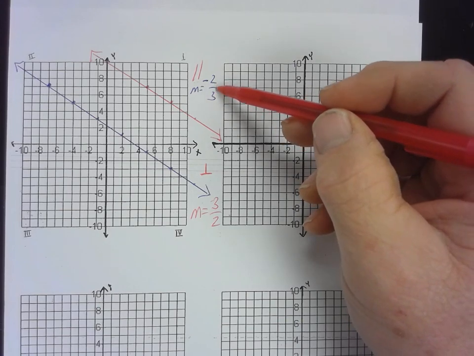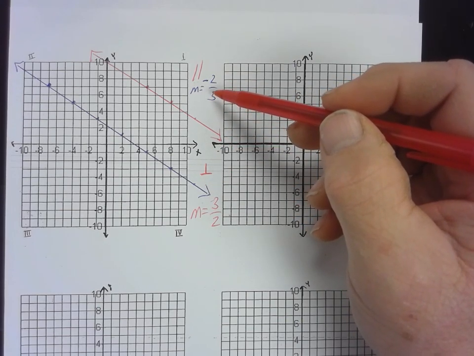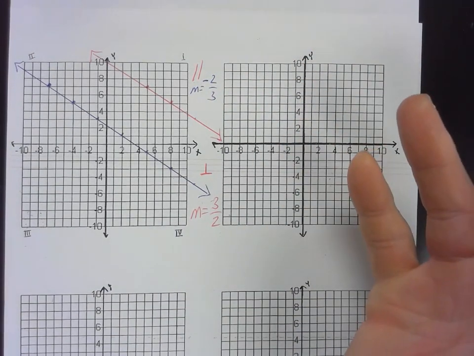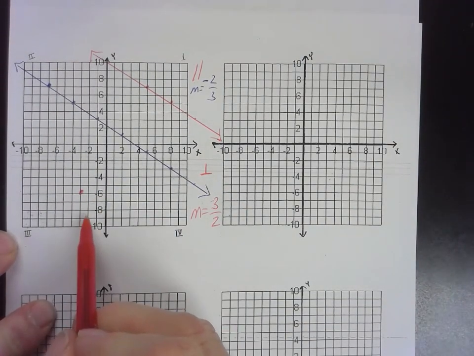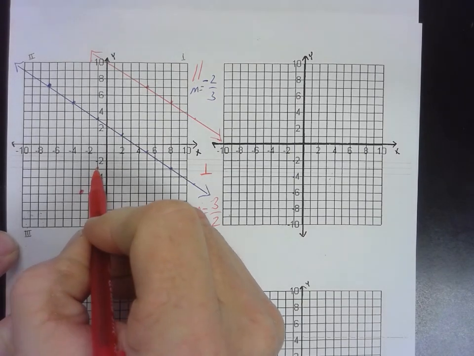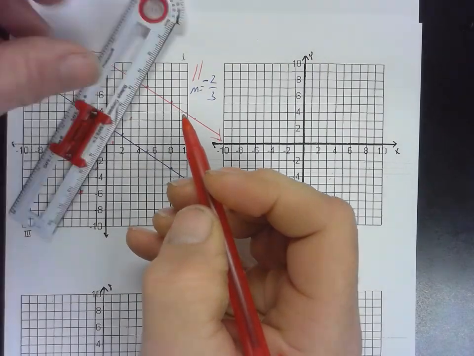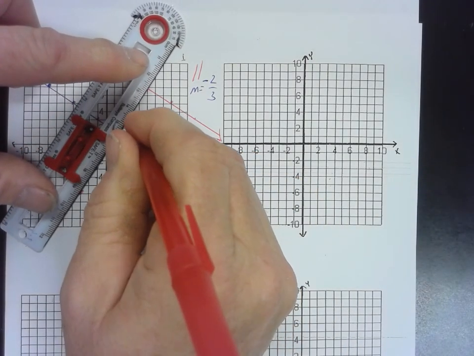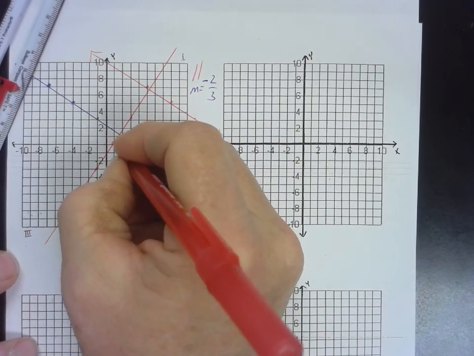So if they're going to be perpendicular, they're not just reciprocals, they're opposite reciprocals. Got it? So if we start at some point here, and go up 3 over 2, up 3 over 2, up 3 over 2, up 3 over 2, then we get a line that is actually perpendicular.